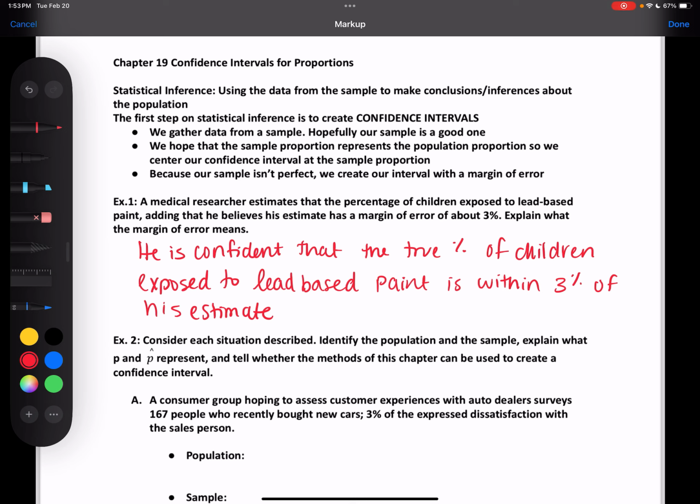So plus or minus 3%. If he thinks it's, say, 67%, then from 64% to 70% is where he's confident the interval lies.